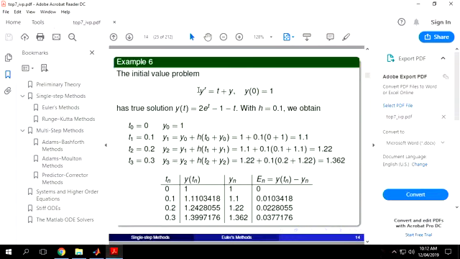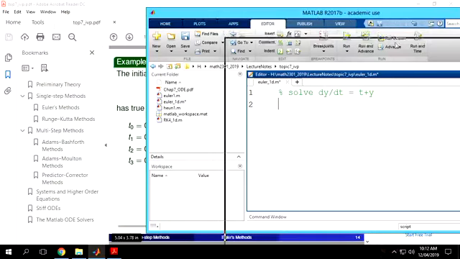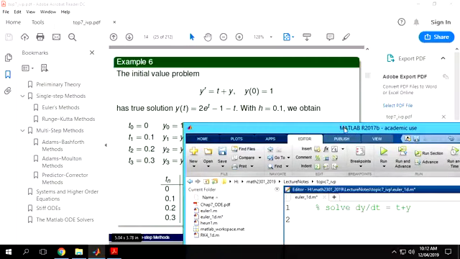Suppose I have y prime, or dy over dt, equal to t plus y. And you know your initial condition is y0 equal to 1.